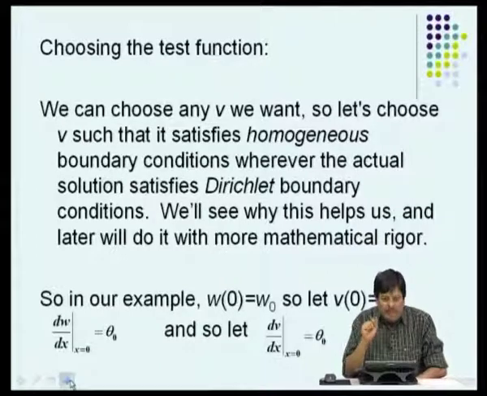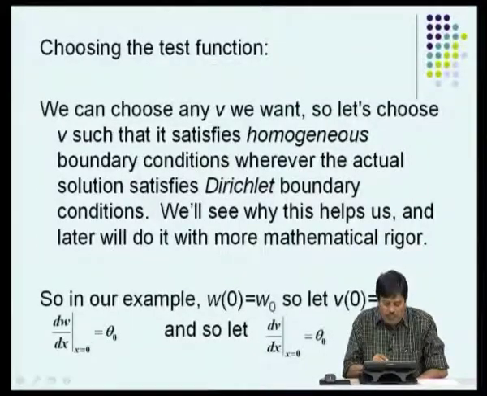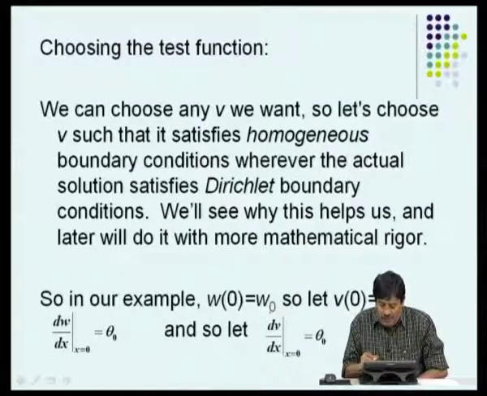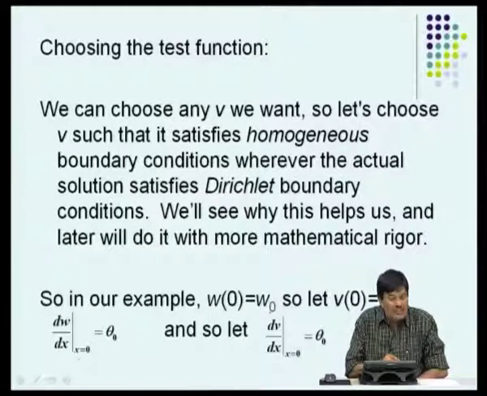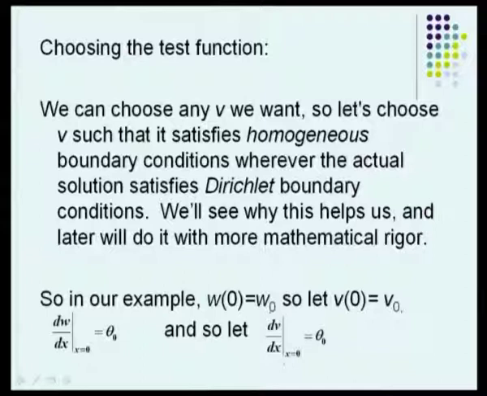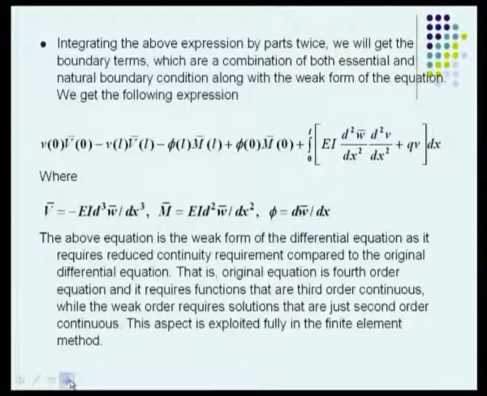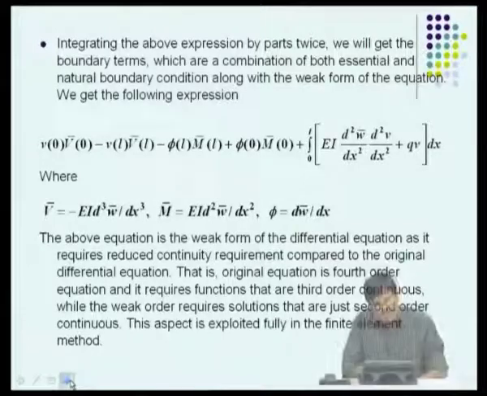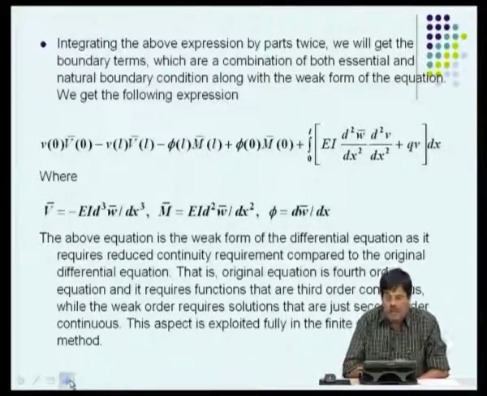So, in our example, we need to have w at x equal to 0 and v at x equal to 0, and the slope at x equal to 0 and the same slope for the test function v equal to 0. They are exactly matching with each other. So, we plug into the equation, we again integrate by parts.